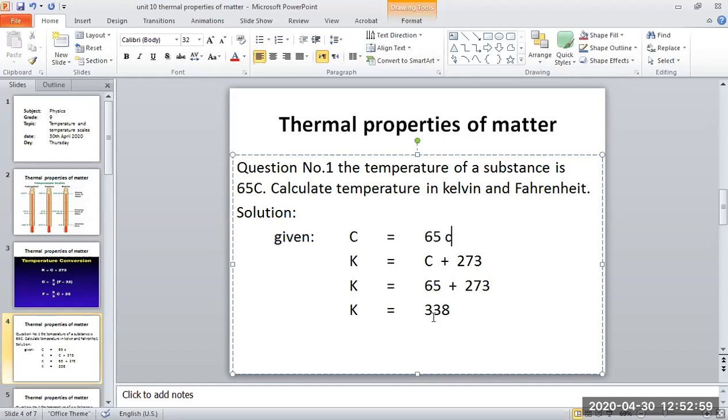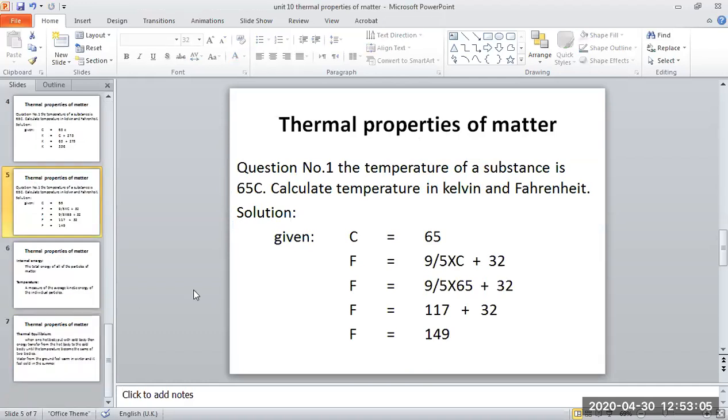Next you can change this into Fahrenheit. The formula is Fahrenheit equals 9 by 5 multiplied by Celsius plus 32. First you calculate 9 by 5 multiplied by 65, which is 117.